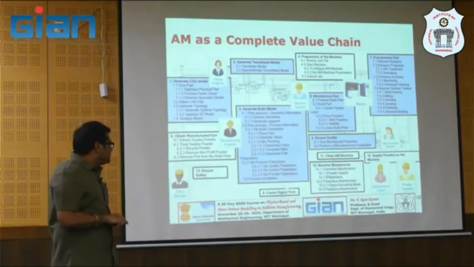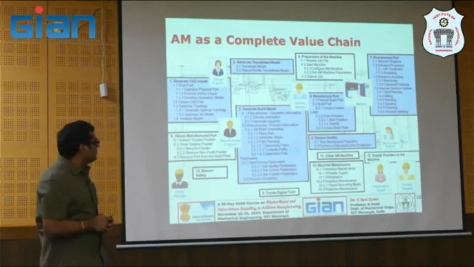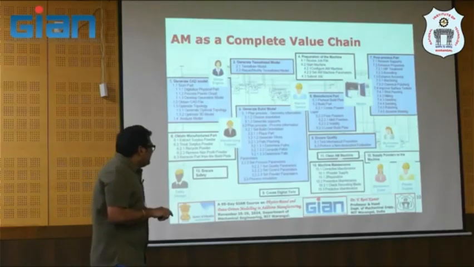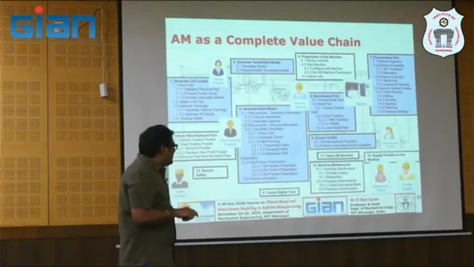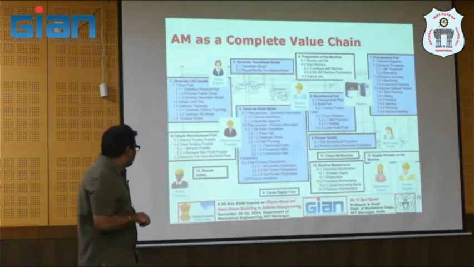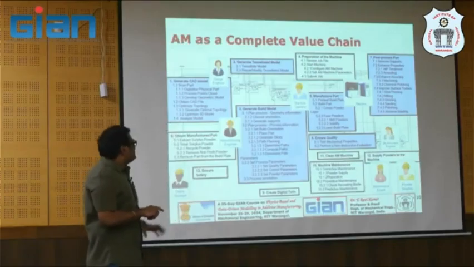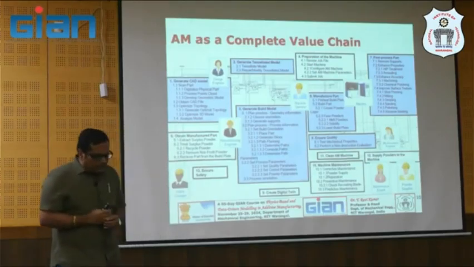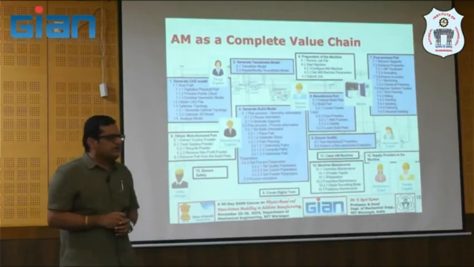So you can create a digital twin. And then machine maintenance, of course, depends on the type of machine that you are using, right? And then cleaning up the machine and supplying the powders to the machine, and ensuring safety. So this is the complete value chain of any typical additive manufacturing system, right?